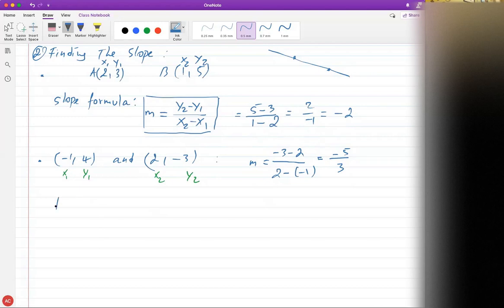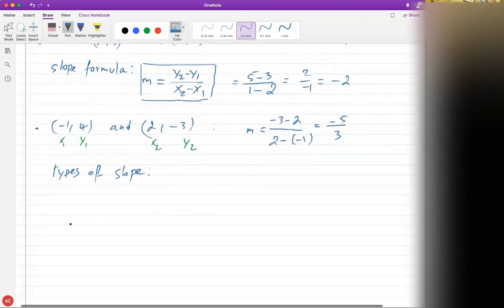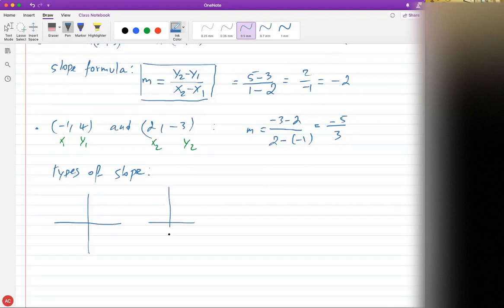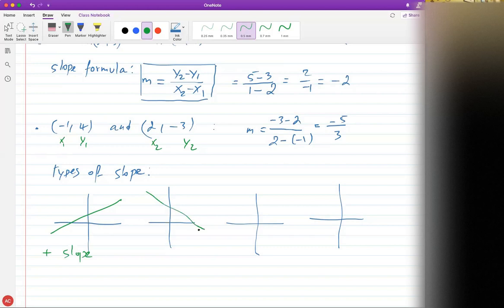So types of slopes. There's 4 types of them. So your line either goes up from left to right. In this case, you have a positive slope. If it drops from here, from left to right, it's a negative slope.